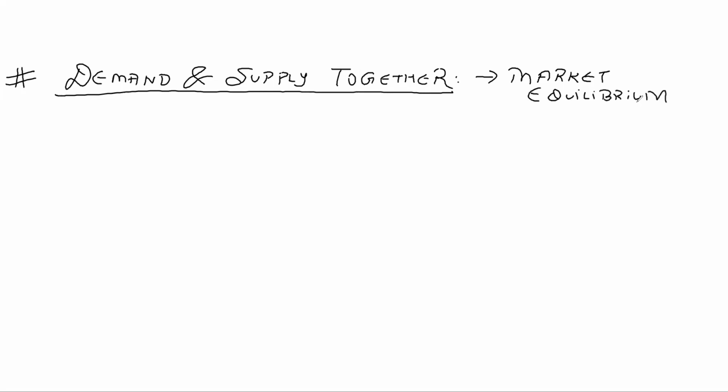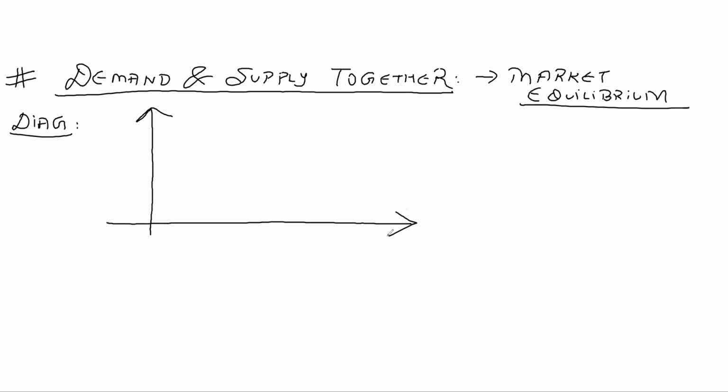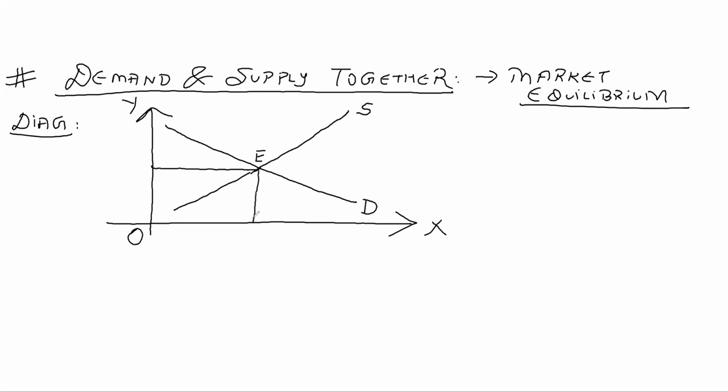Any competitive market will be in equilibrium where demand and supply are exactly equal. So this is the diagram for a competitive market, means there is perfect competition. This is the industry's demand curve, supply curve. And all of us know that the equilibrium will happen where the two are exactly cutting each other.